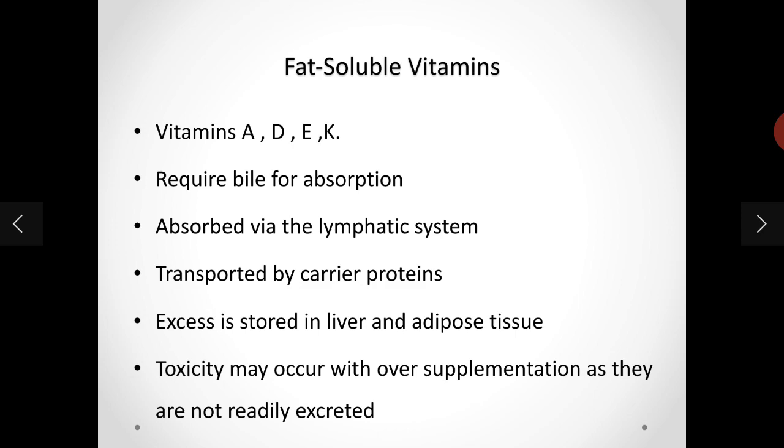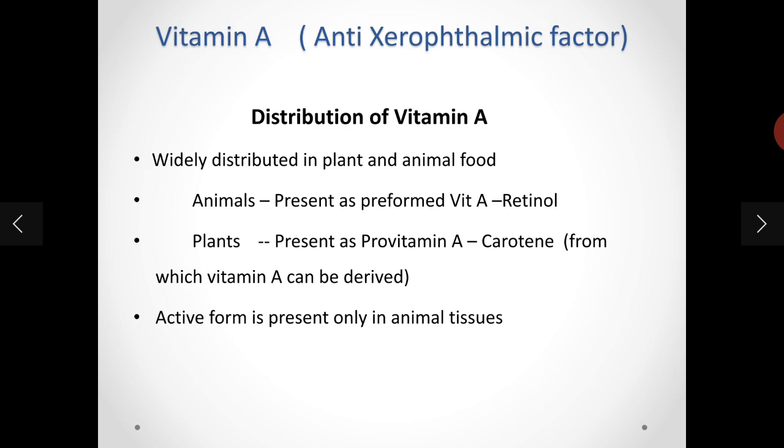The excess of these vitamins may be stored in liver and adipose tissue, and that may lead to toxicity when there is over supplementation, because they are not readily excreted, because they are fat soluble vitamins.